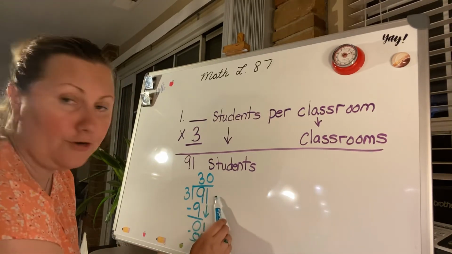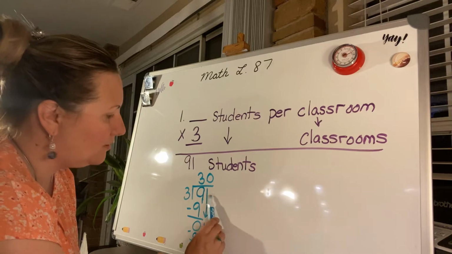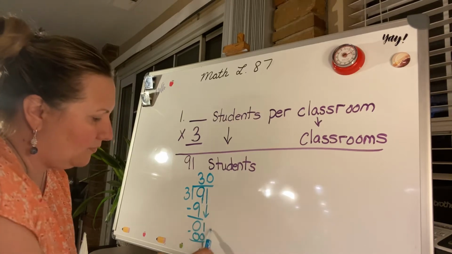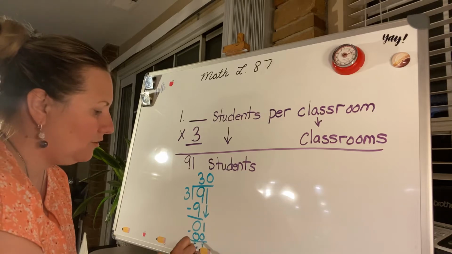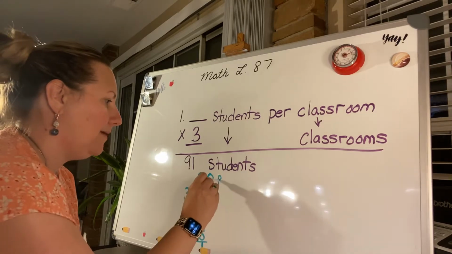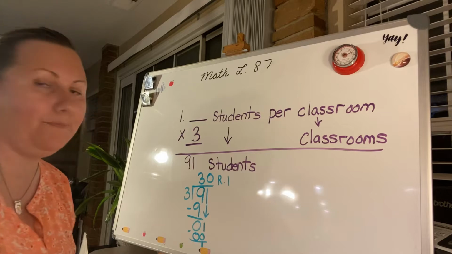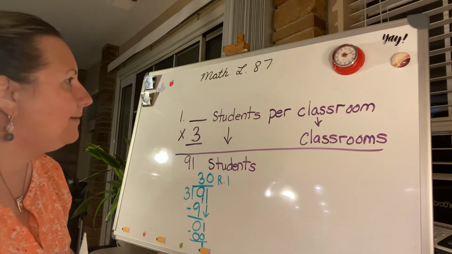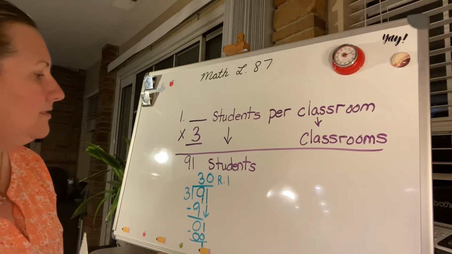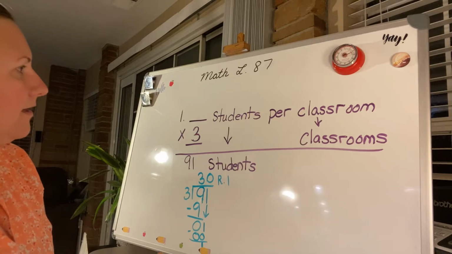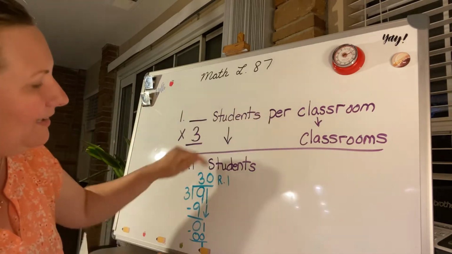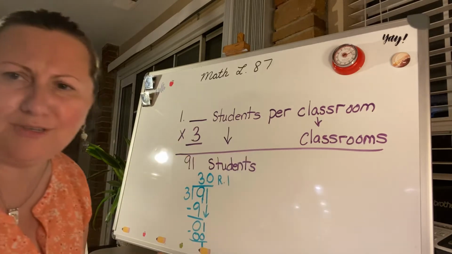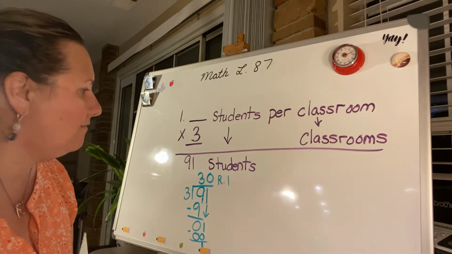Now, if there was another number after this one, I would have to bring it down, but there's nothing left. So that means this little itty bitty 1 down here is our remainder. And there we go. This is the kind of problem I promised we would have today. So there are 30 students per classroom, and there's 1 extra student that is unaccounted for.